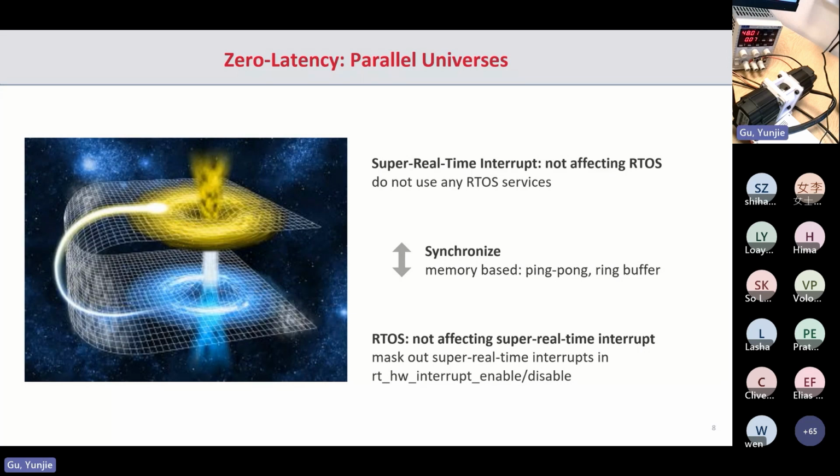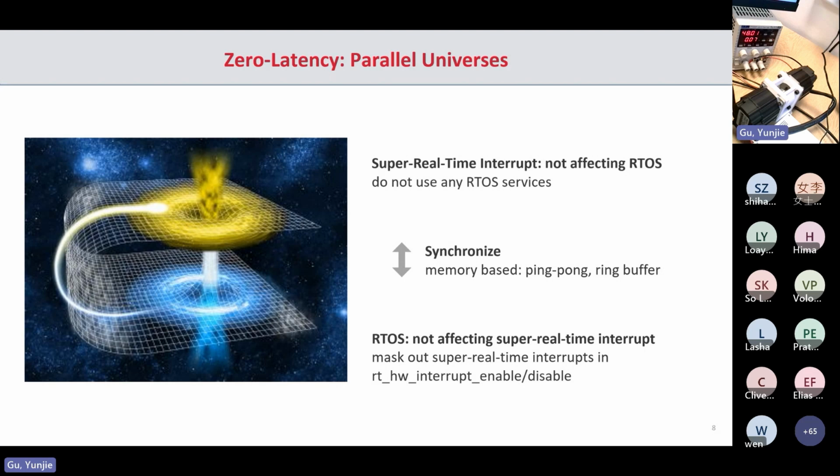The idea is that during the context switch, the mainstream solution is to disable the global interrupt, and we do not do that. We only disable part of the interrupts and leave some other interrupts, what we call the super real-time interrupts, enabled. Then even during the context switch, we can still serve these super real-time interrupts.